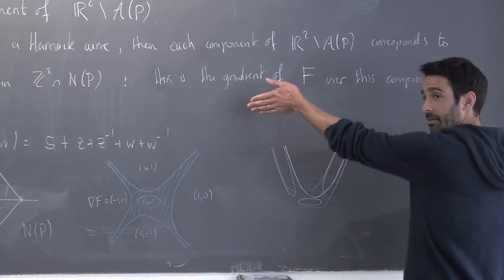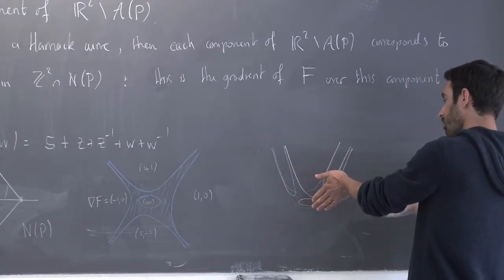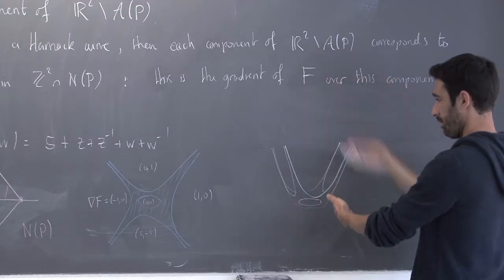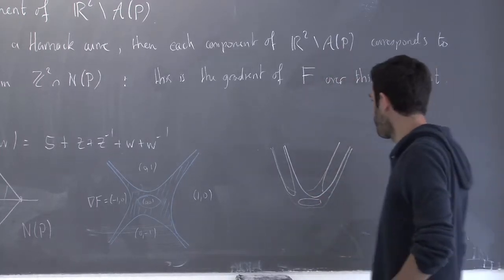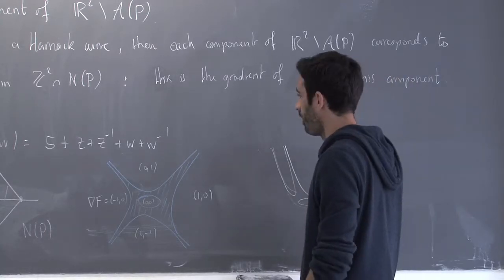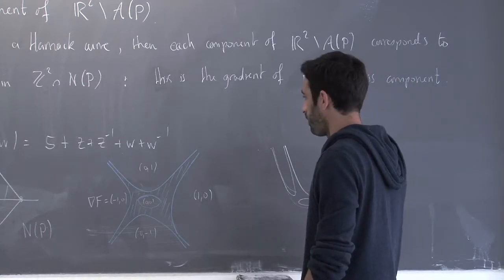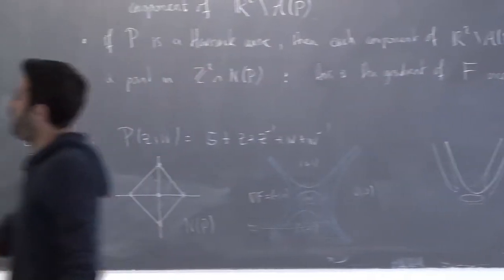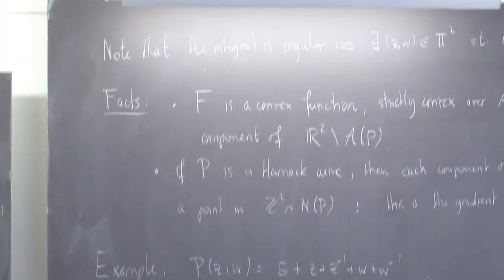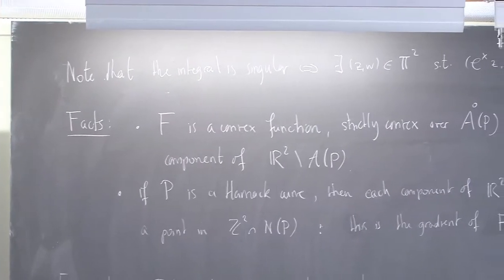You see the gradient here, -1, 0, 1, 0, 0, 1. Well, you see. Okay. And now I will keep this.